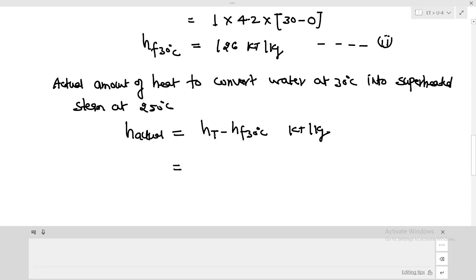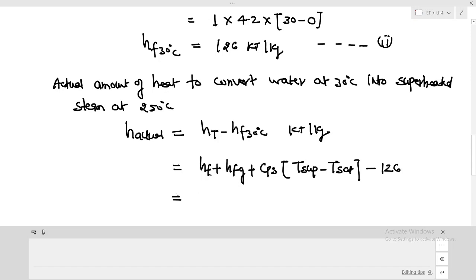Now I have the formula of H total, that is the enthalpy of superheated steam, Hf plus Hfg plus Cps into (T superheated minus T saturated). This is the formula from equation 1, and the enthalpy of water at 30 degrees Celsius is 126.